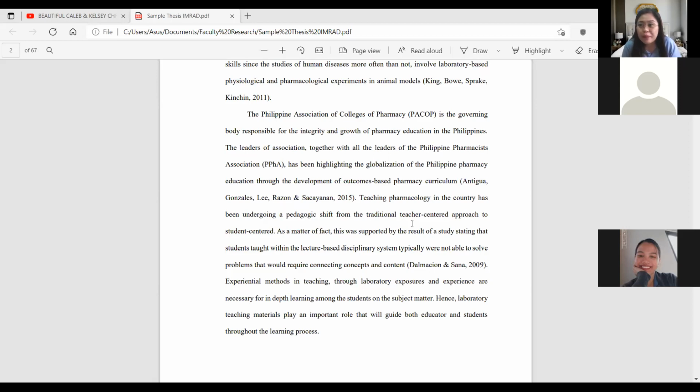In the parenthetical citation, it's still the author. But when we do the reference list, the full-blown research, bibliography or reference, we have to include also the name of the editor.